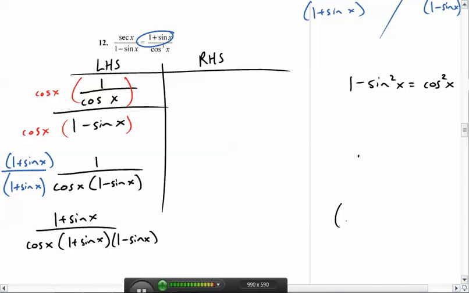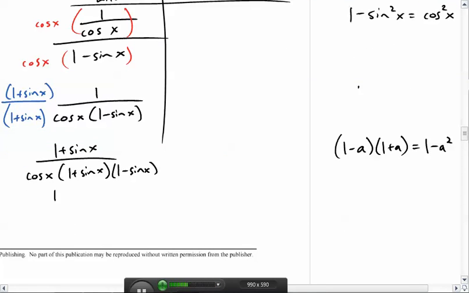Okay, so in the denominator there I have something of the form 1 minus a, 1 plus a, which is difference of squares, 1 minus a squared. So 1 minus sine times 1 plus sine is 1 minus sine squared.